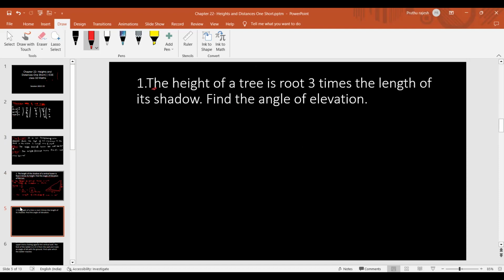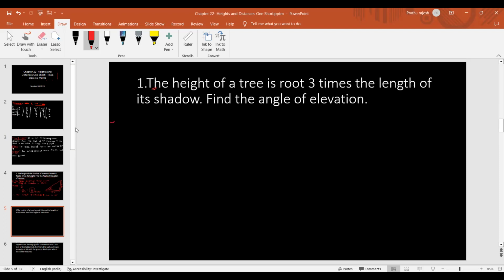So the next sum is also a similar problem. It says the height of a tree is root 3 times the length of its shadow. First we have to assume that the length of the shadow is x meters.